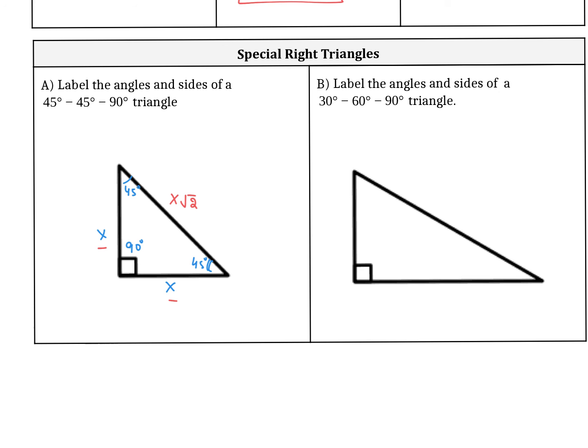Whereas if you're talking about the 30, 60, 90 triangle, obviously this looks like 30 degrees and this looks like 60. How are these sides related? The opposite of 30 has to be the smallest side and it should be x. Opposite of 60 is bigger than the 30 side, that's going to be x times square root 3.